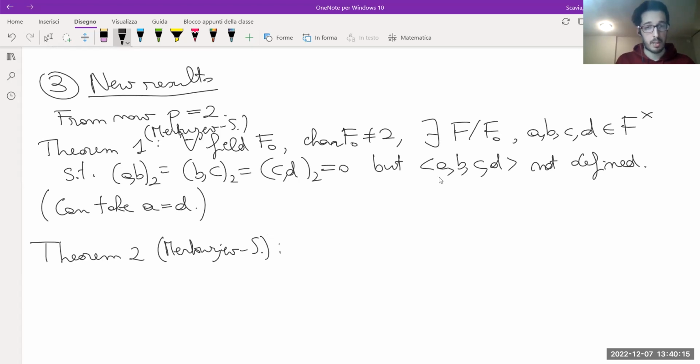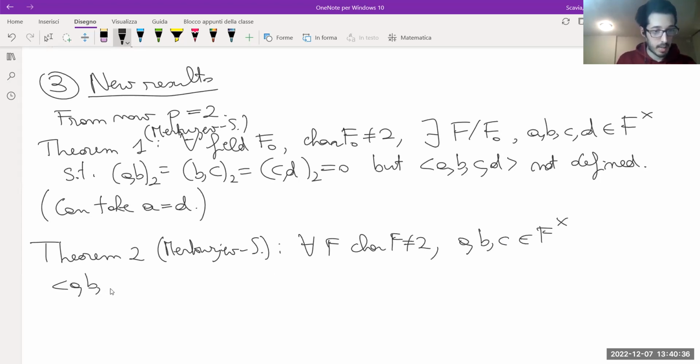The case n equals 3 is done, so the case n equals 4 is the next one, and we do the case p equals 2. So for every F of characteristic different from 2, let's say a, b, c in F star, we can prove that if ⟨a, b, c, a⟩ is defined, then it vanishes.